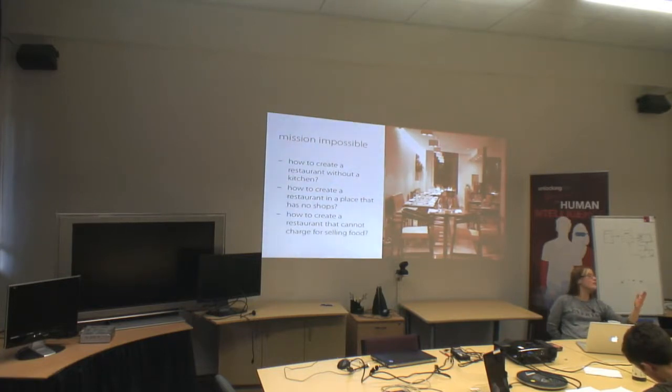The second one, so for example, it's on the top of the mountain. No shops, nothing around. The restaurant has no access to shops to buy food, so you need to deliver it some way.